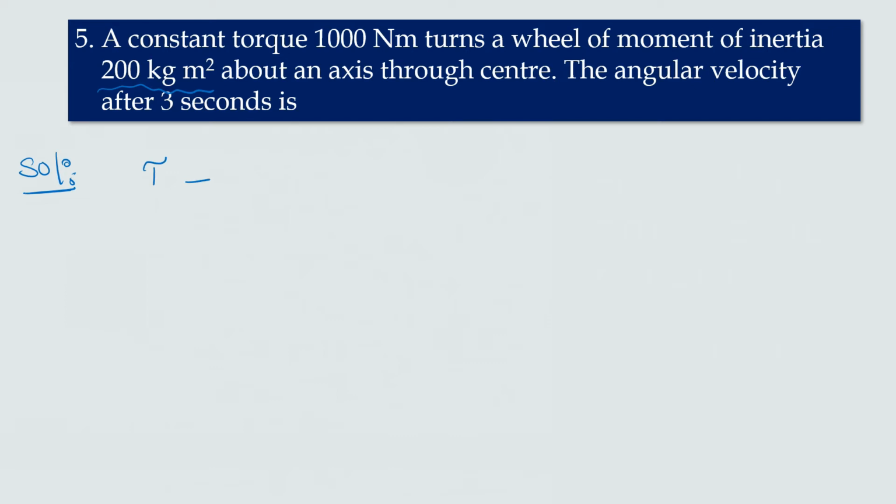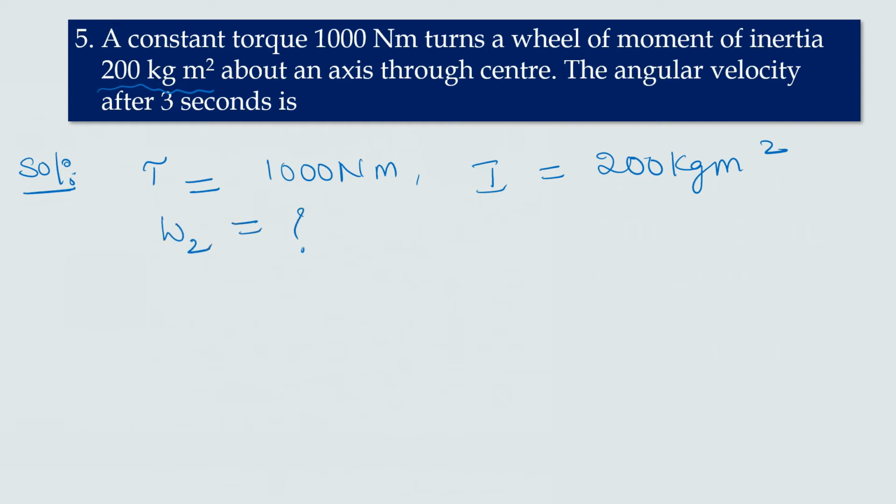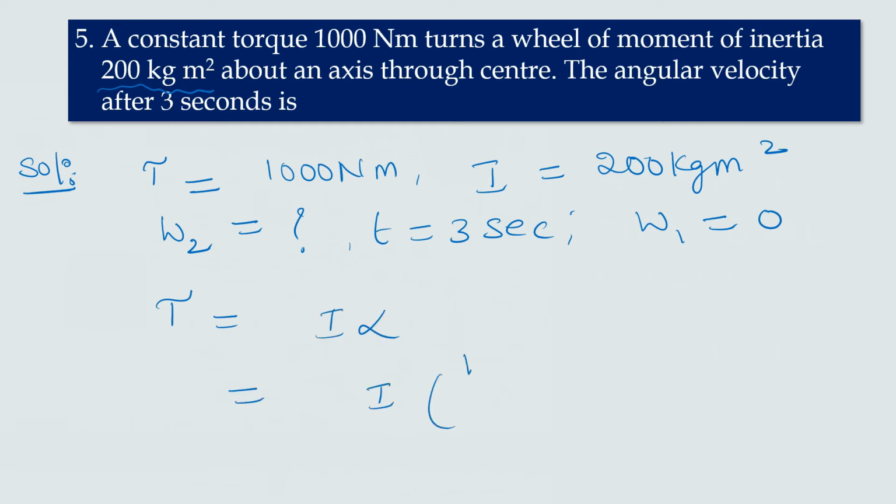They given torque tau is equal to 1000 newton meters and moment of inertia they given as 200 kilogram meter square, and we have to calculate the angular velocity omega 2. They given t is equal to 3 seconds and omega 1 is equal to 0. Now tau is equal to I into alpha, that is equal to I of omega 2 minus omega 1 by t.